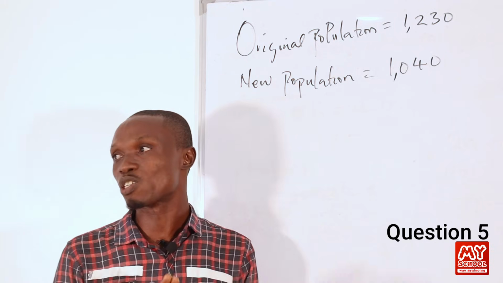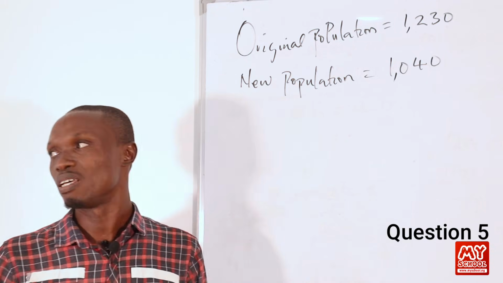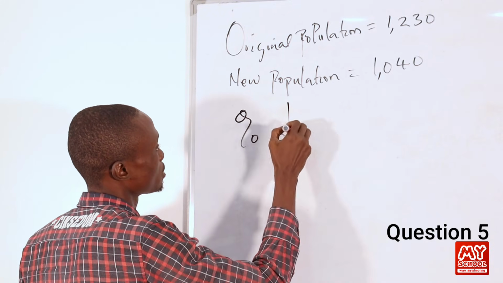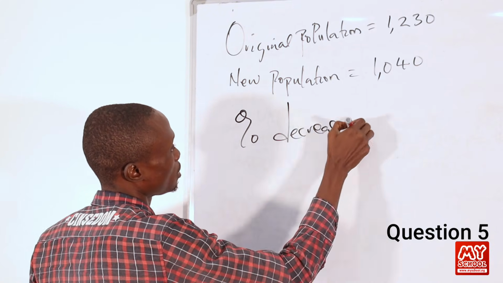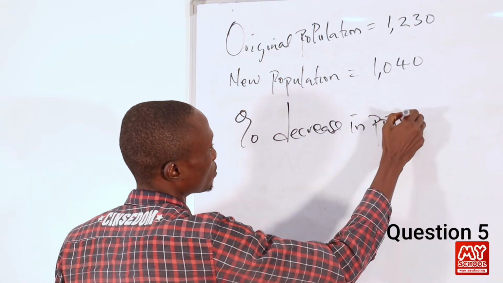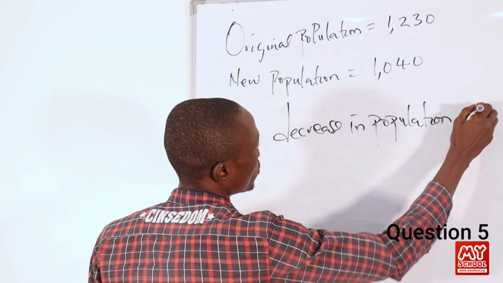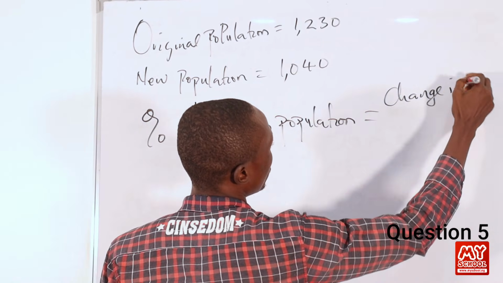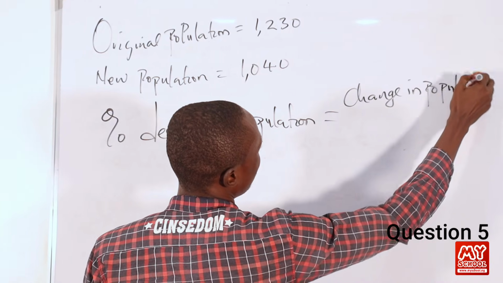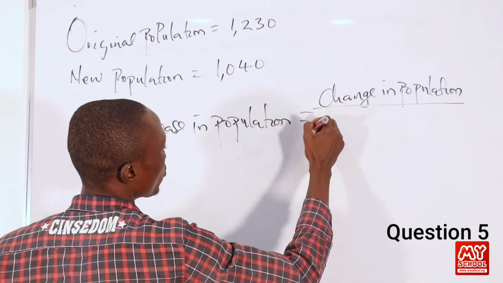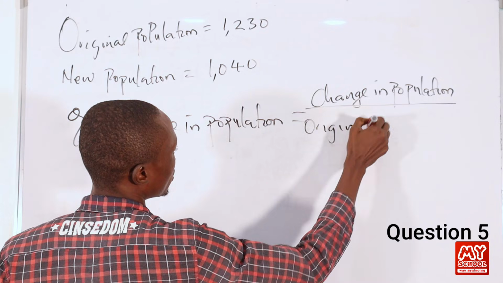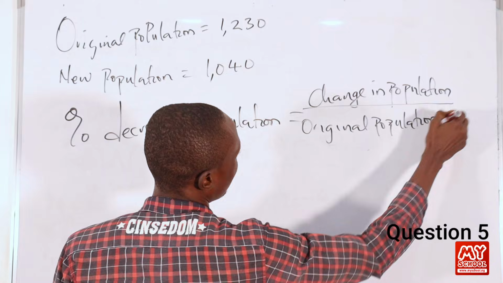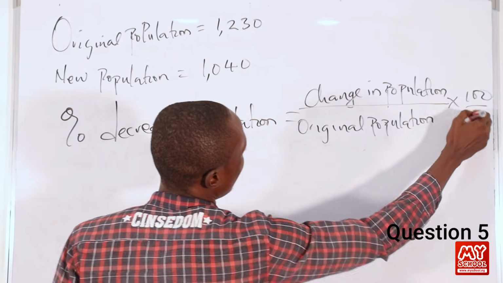But in the question, we are asked to calculate the percentage decrease in the population. So percentage decrease in population is equal to change in population over original population times 100 over 1.